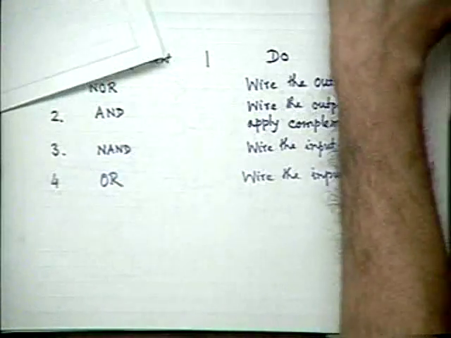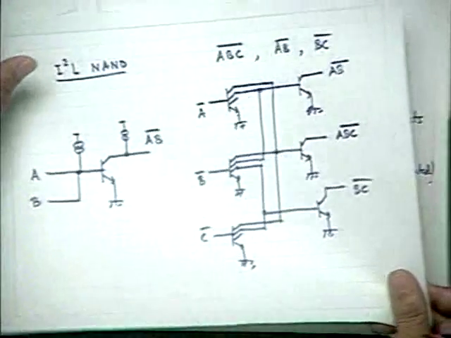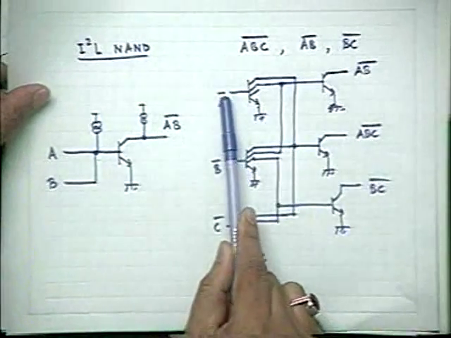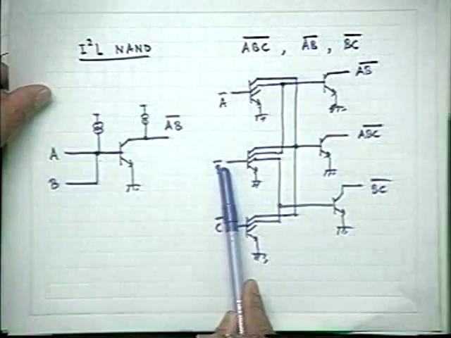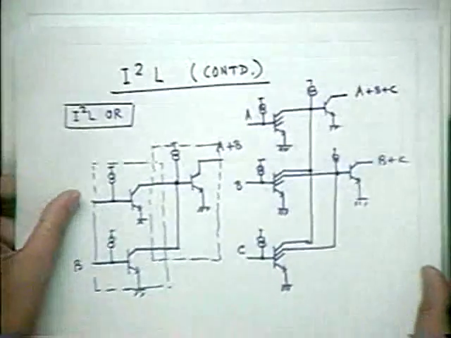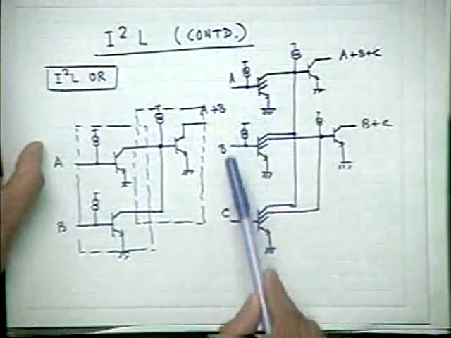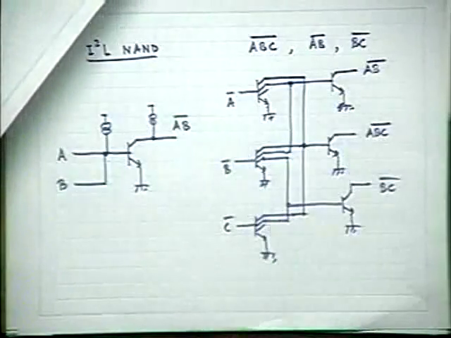But in the other example, for NAND, for doing the same thing, you have to apply complements. These two circuits are exactly similar. The only thing is here you directly apply A, B, C. But I mentioned earlier that if you think of the whole chip, the variables and their complements are available because they are produced even at the input side.